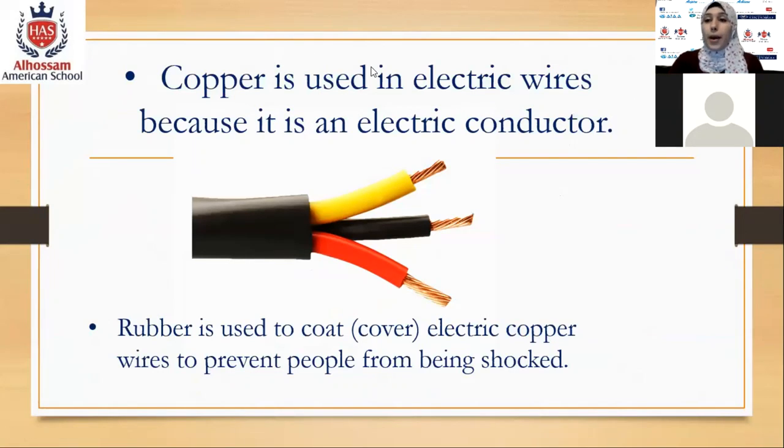Copper is a conductor that allows electricity to move through it. But the copper is covered with rubber. Why? To prevent us from being shocked if we touch the copper wire. If it's not covered or coated, we're going to have an electric shock. That's why it's covered with an electric insulator.